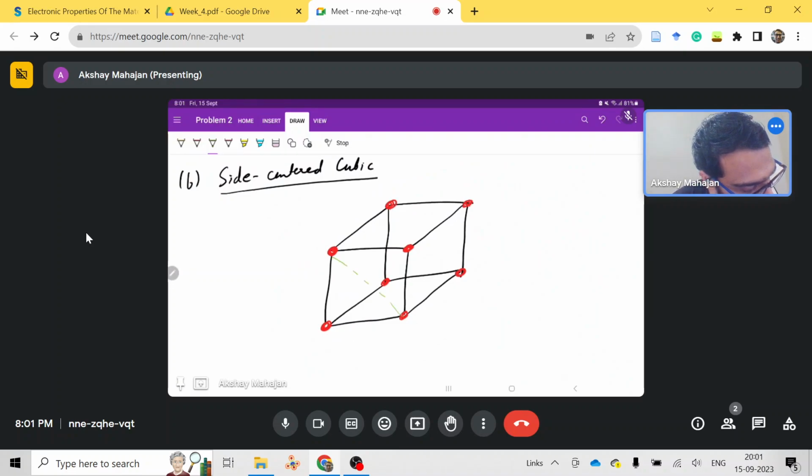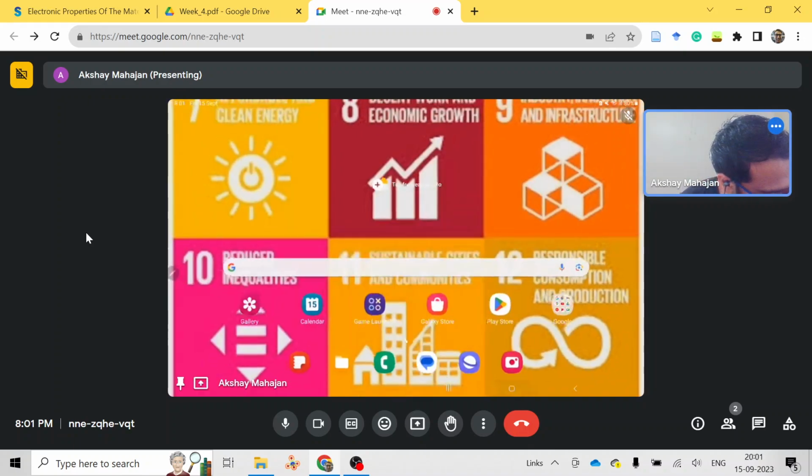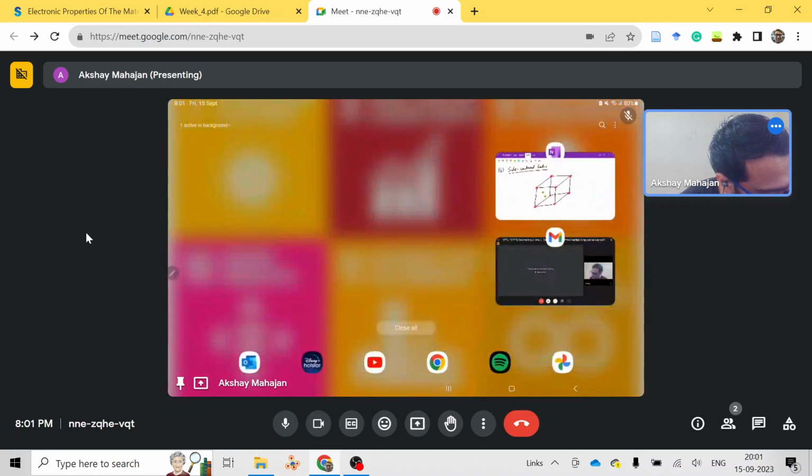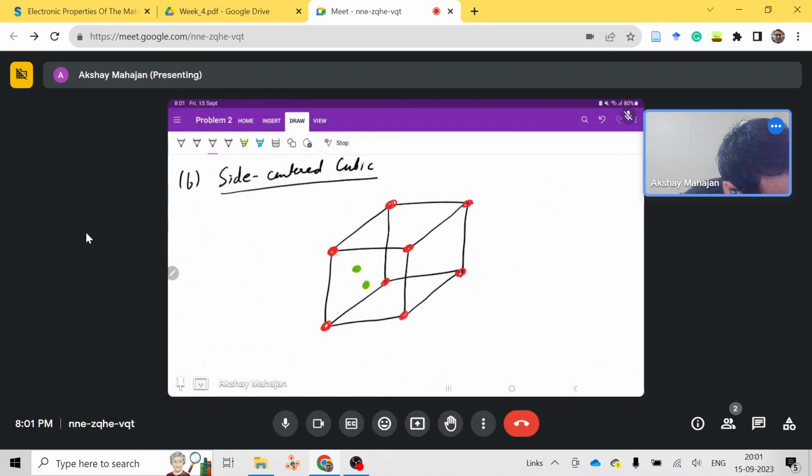Alright, so let me just draw these centers. They are not going to be exactly centers, so let me make an approximate. This will be somewhere here, this will be somewhere here, and then on the center.